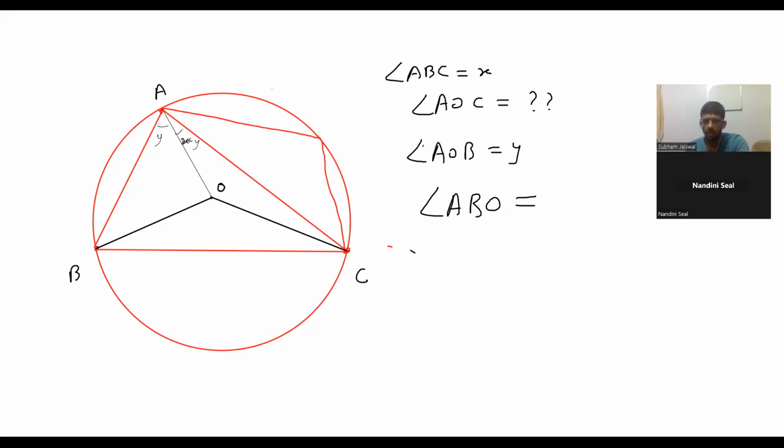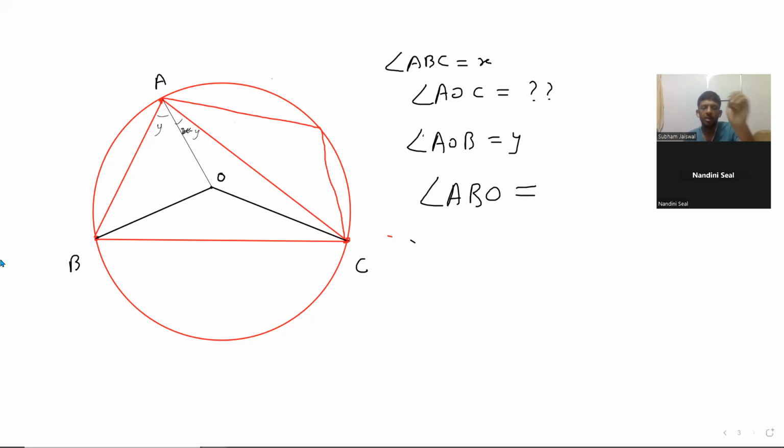So look for an isosceles triangle. It is an isosceles triangle in the picture. So look at AOB.